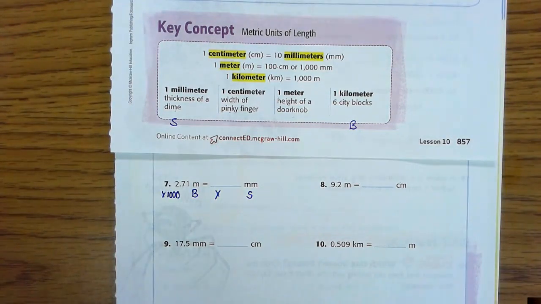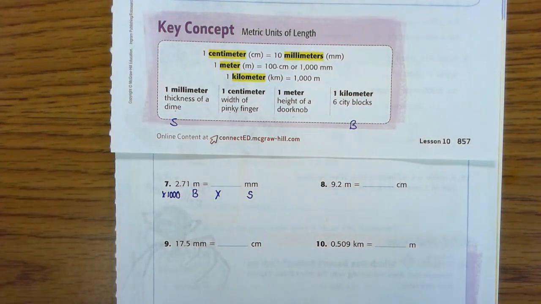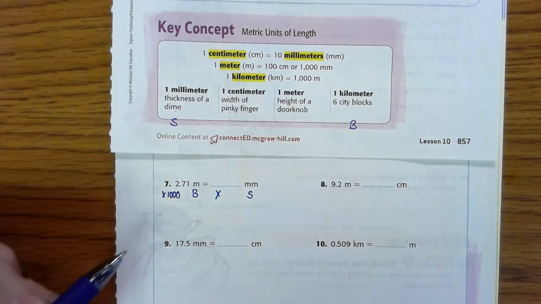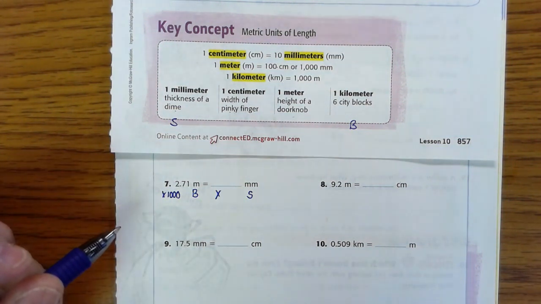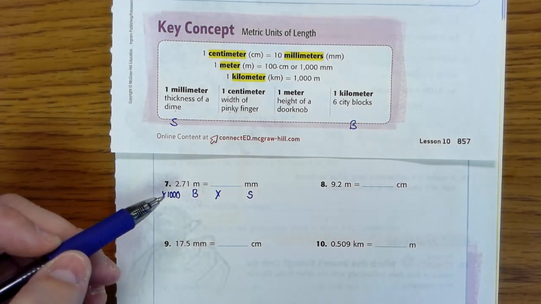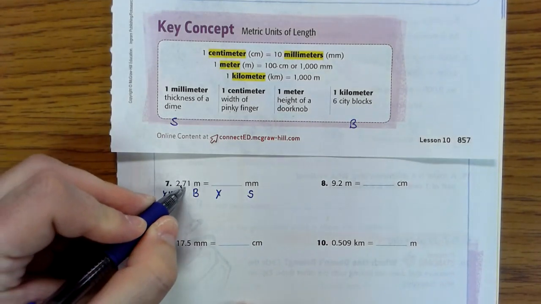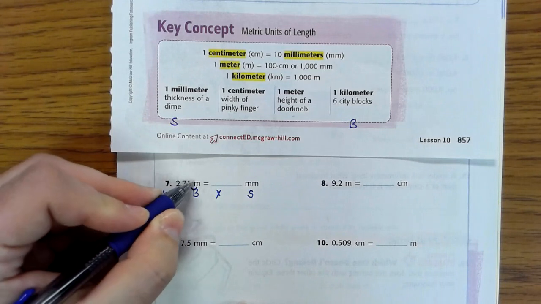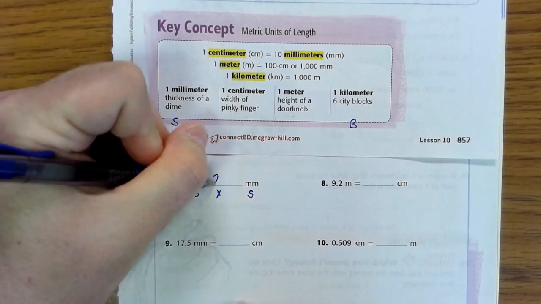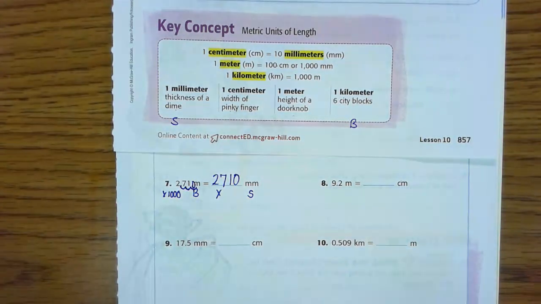Remember, all we have to do on this one is move it however many decimal spots to the right when we're multiplying here. Let me double check. I don't want to tell you wrong stuff here. So we're going to go 1, 2, 3. Put a 0 in that spot there. So your answer is going to be 2,710 millimeters.